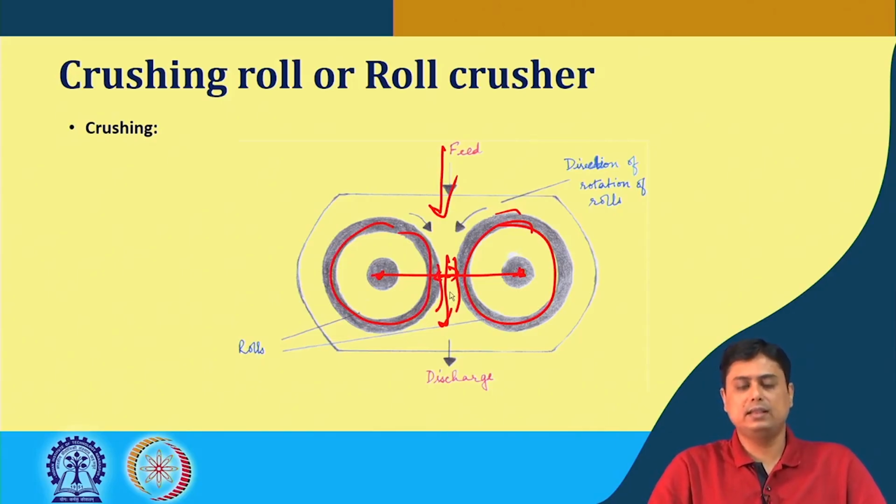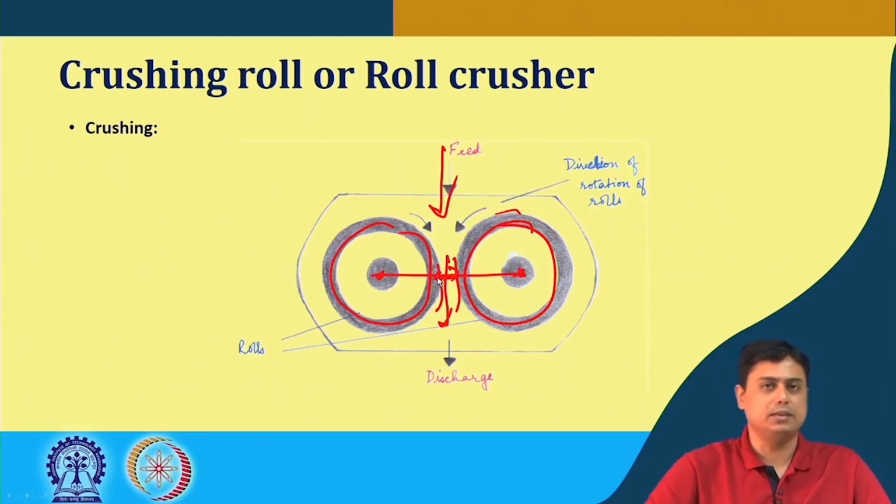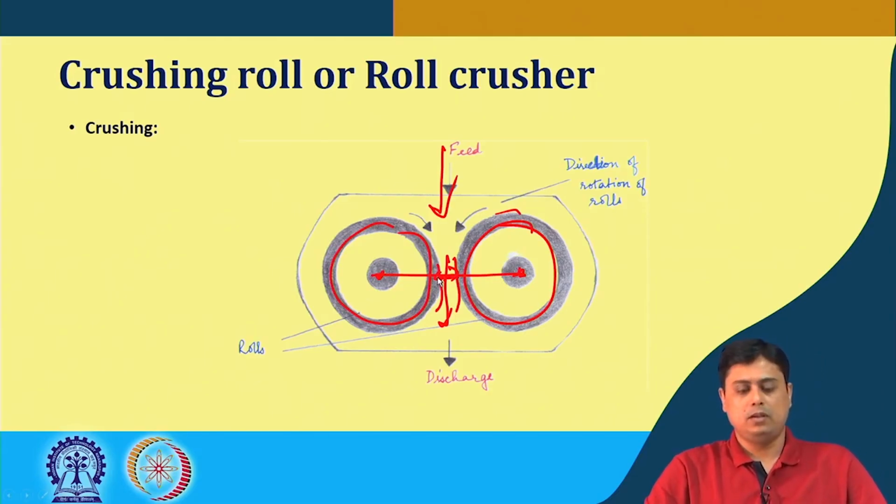So, by adjusting this gap, we are automatically adjusting the particle sizes, as the reduced particles will not be bigger than this gap size. All the three equipments had one thing in common: two rigid surfaces to grind the solid particles, and that is the crushing mechanism.